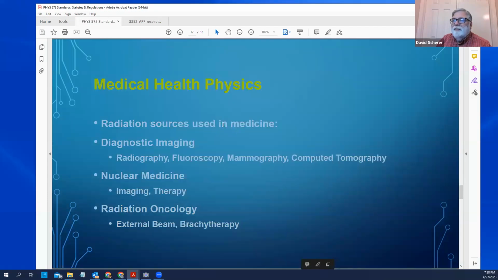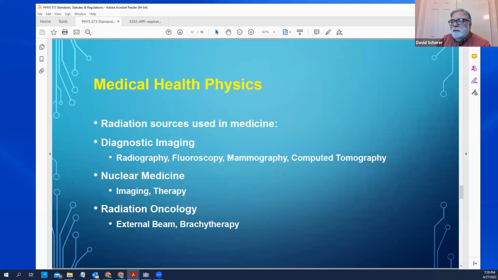A third class in medical health physics of radiation sources we have to manage are in radiation oncology. This is the use of radiation to treat cancer largely. There are two types of radiation oncology that's done.